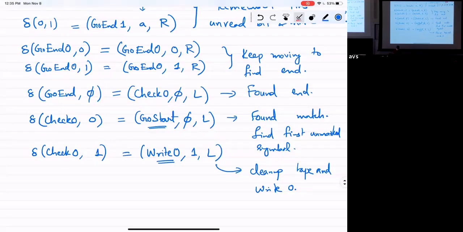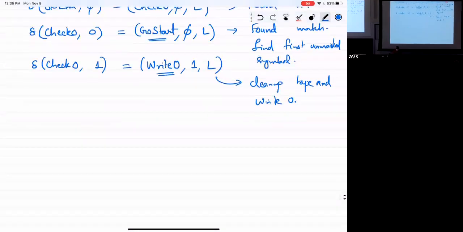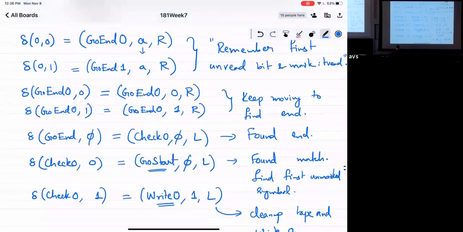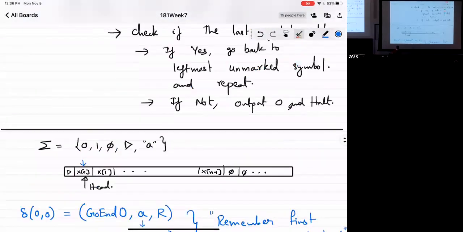So let's do this one last thing, and then we will not do the more tedious thing. So go start: find first unmarked position on input. Okay, so go start means that somehow you made progress.